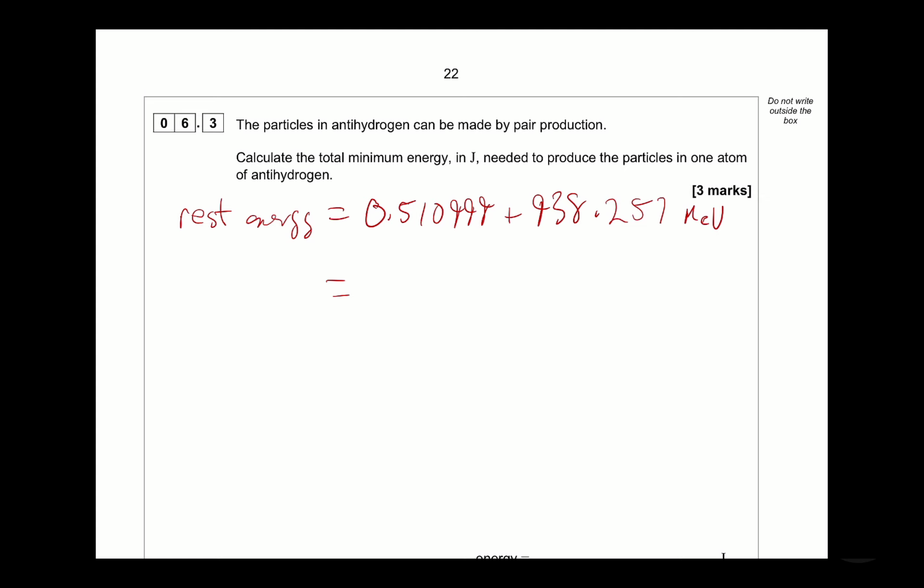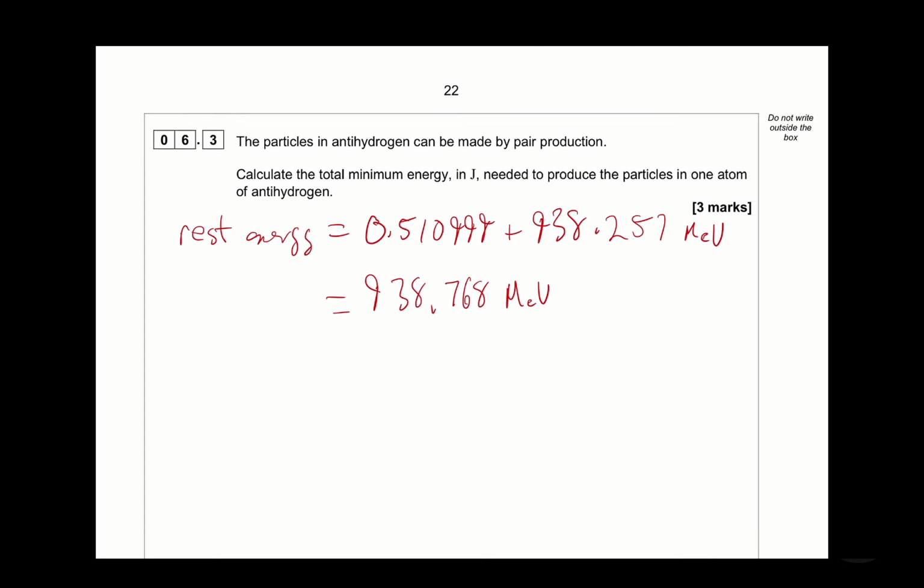So adding that up, I get 938.768, sticking with the correct number of significant figures. And that's again in mega electron volts. Well, that's not my answer in joules.